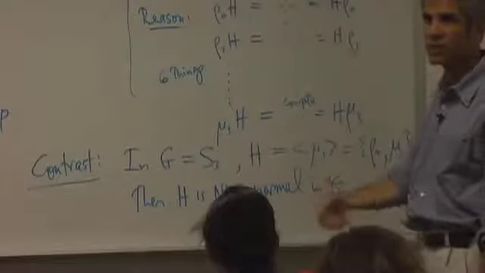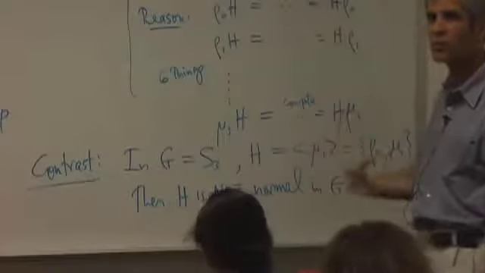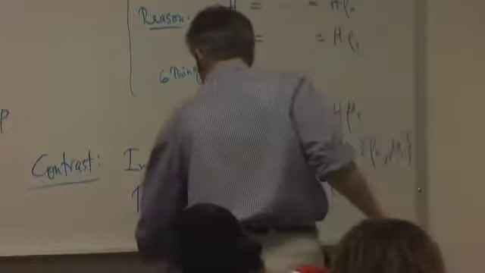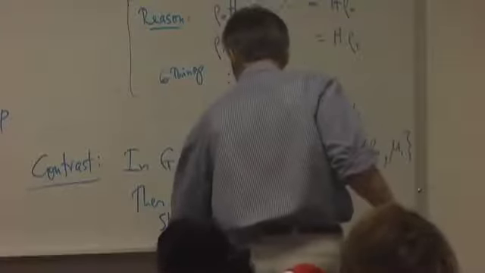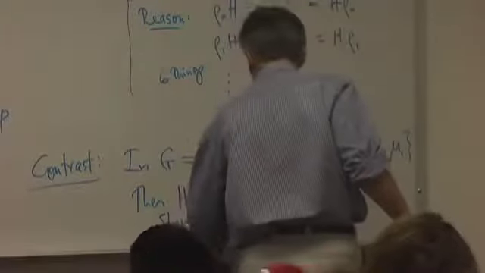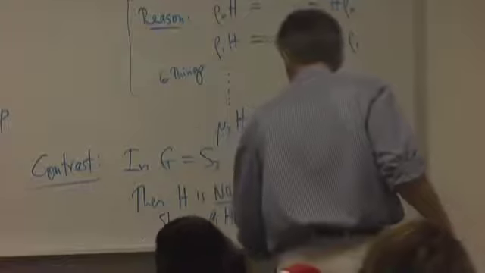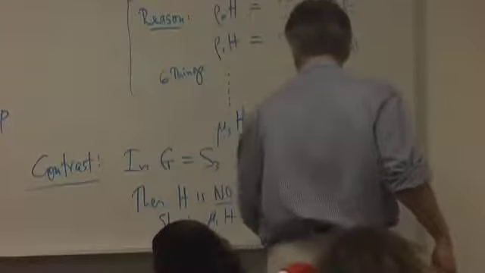So don't look there if you're trying to show that the subgroup's not normal. It turns out you can show that if you compute mu2, row 1 H, that's not equal to H row 1. And all you need is one particular situation where the left coset doesn't equal its corresponding right coset in order to conclude that the subgroup's not normal.